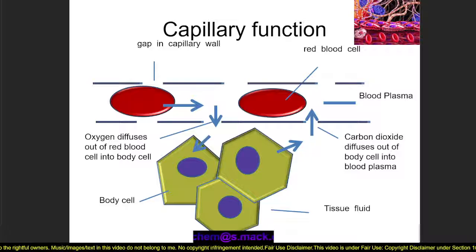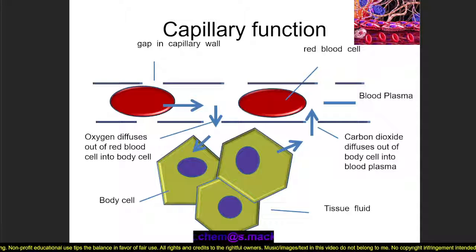Before we end off, we'll take a look at this slide, which gives us a better idea of what occurs in a capillary. We have a diagram showing the red blood cells passing through the capillary, and the body cells shown in green.